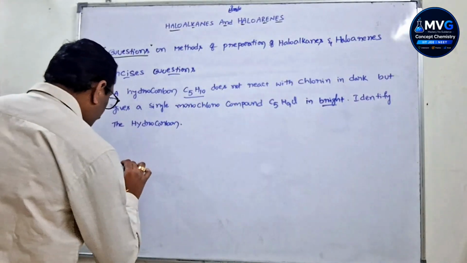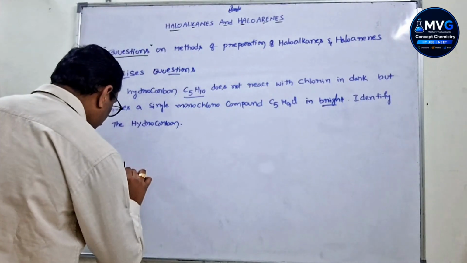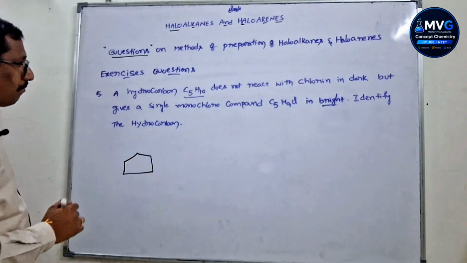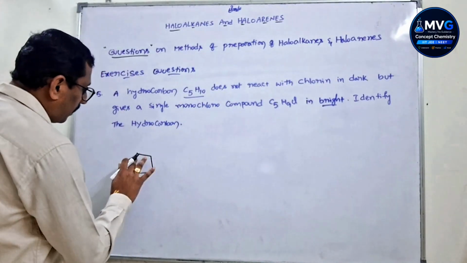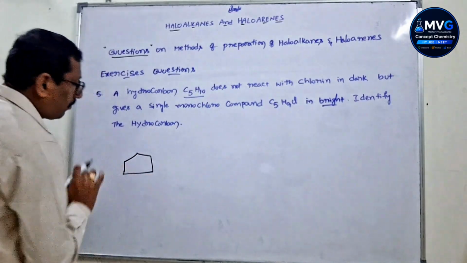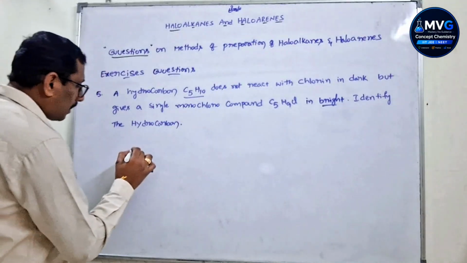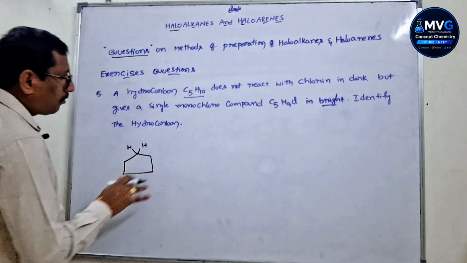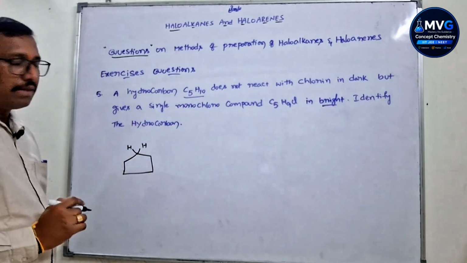Suppose it is a cyclic compound with 5 carbons: cyclopentane. 1, 2, 3, 4, 5 carbons are there, each carbon with 2 hydrogens. 5 twos are 10 hydrogens.